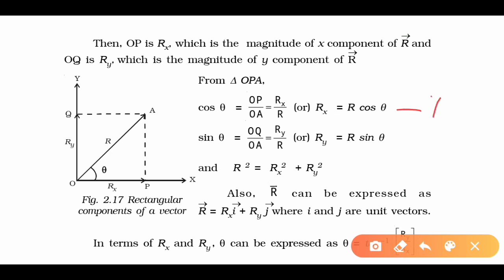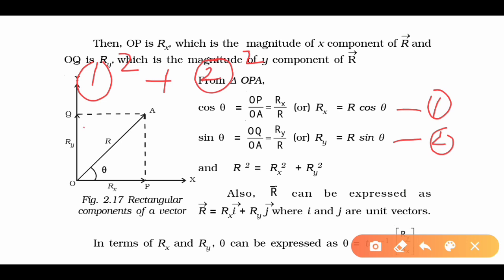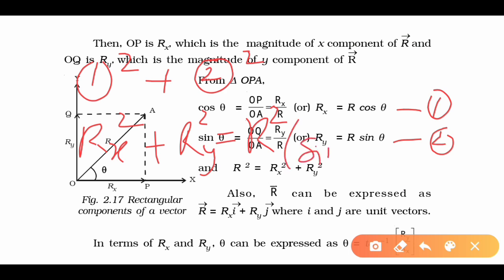Consider this equation first and this one second. Now square both the equations and add them. So we'll get Rx square plus Ry square equals R square into sin square theta plus cos square theta.